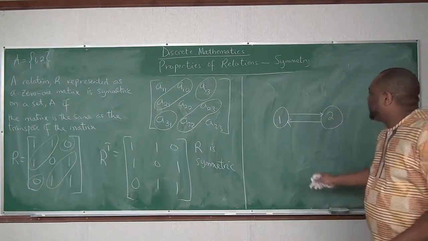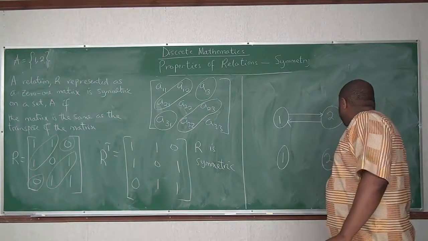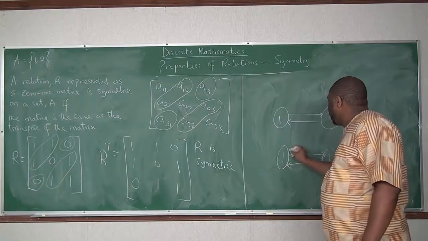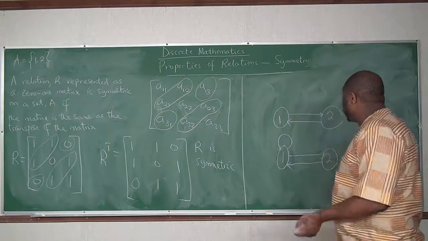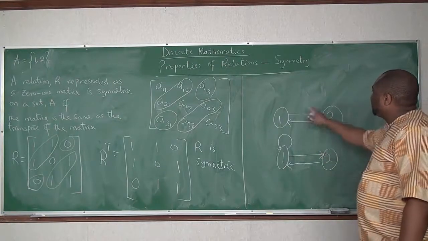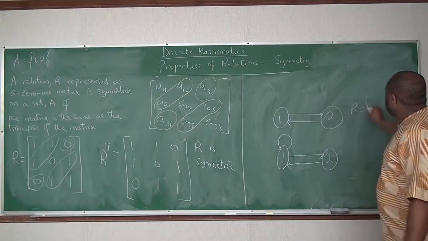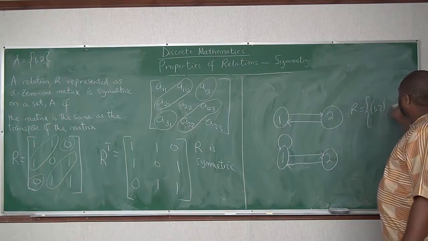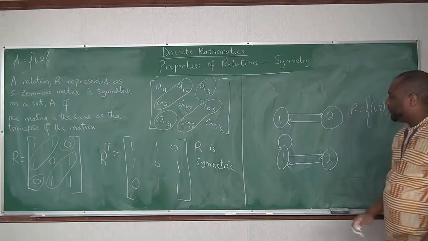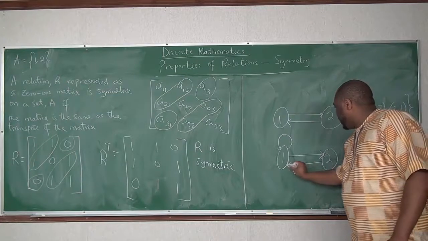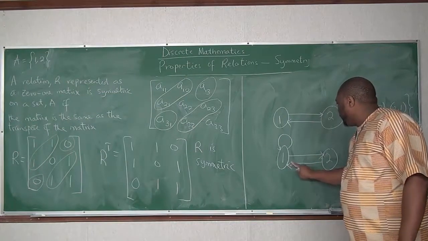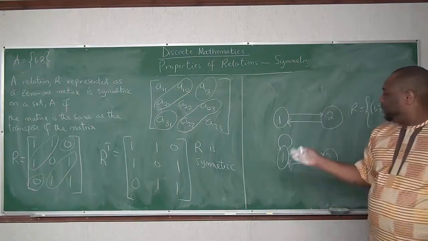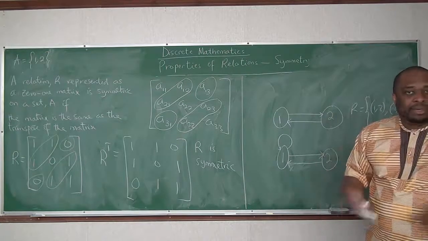Now, it doesn't matter if you have loops, if you have 1, 1. You can have a loop. In this case here, the relation is 1, 2, 2, 1. We said in the previous video, if they give you a digraph, you can convert it to a relation.